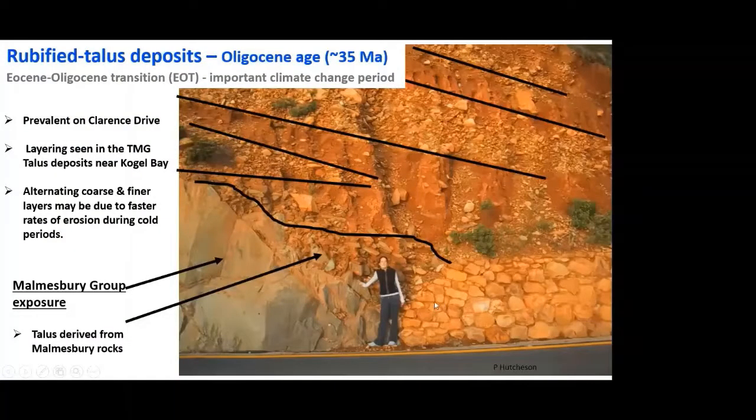This is taken from a honours thesis by Paula Hutchinson, working with Professor John Rogers. So we're seeing here the Malmesbury outcrop of somewhat metamorphic, very low-grade metamorphic rock, and some of the talus here is actually formed from this.